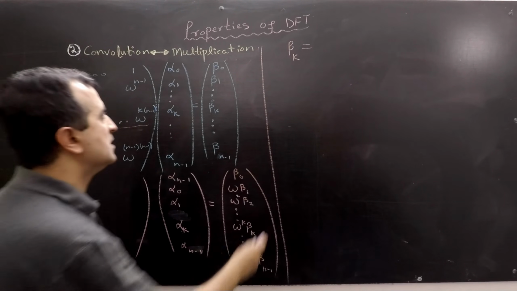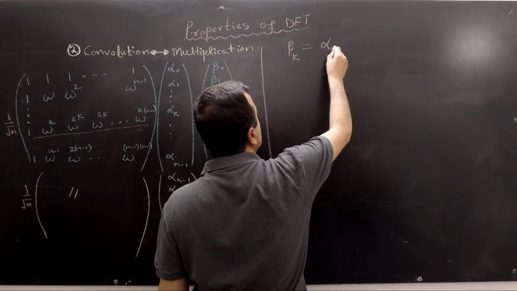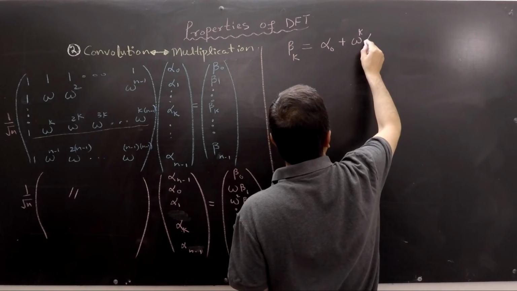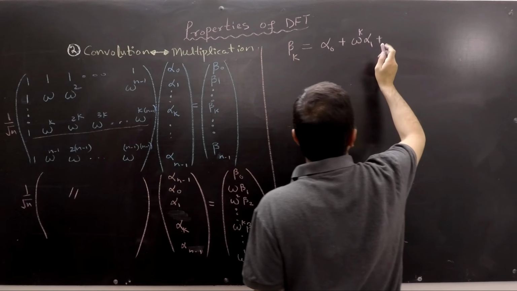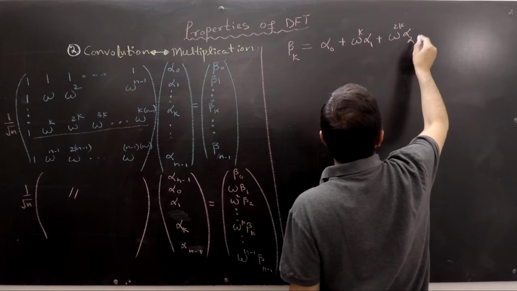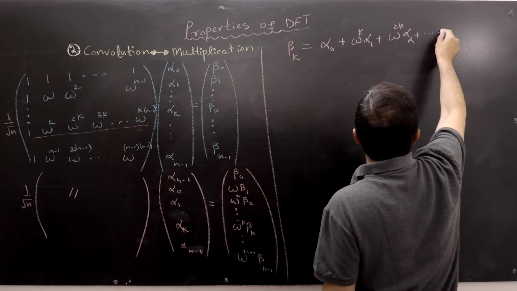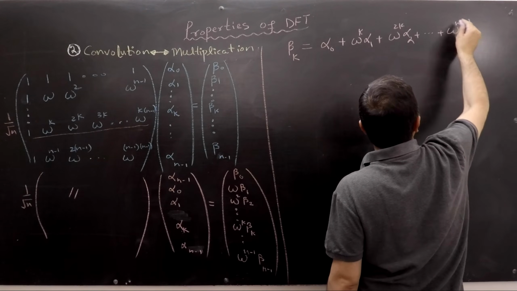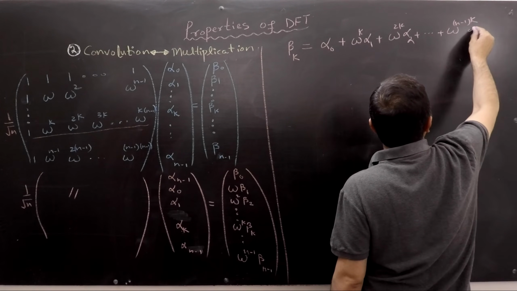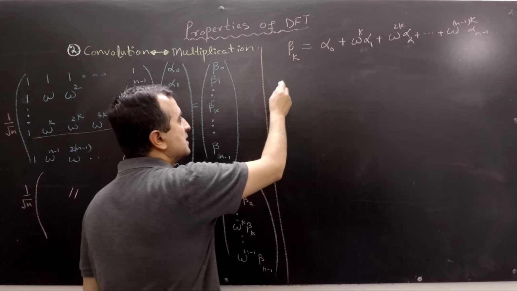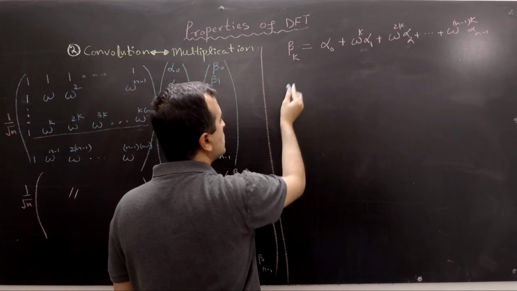So it's going to be equal to alpha 0 plus omega k alpha 1 plus omega 2k times alpha 2 plus, and the last entry is going to be omega n minus 1 k times alpha n minus 1. This was the kth entry of the output before linear shift.